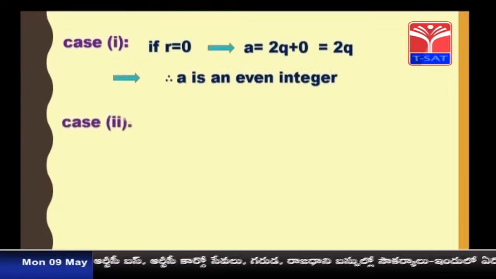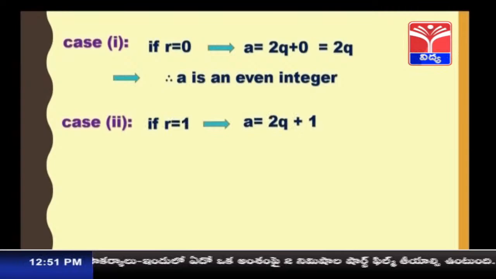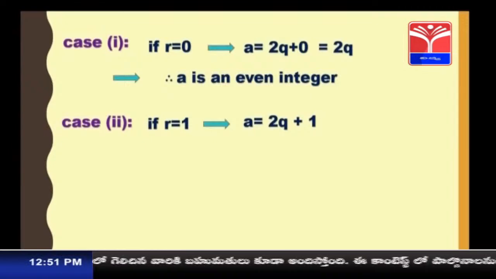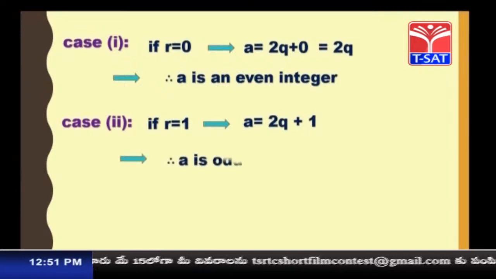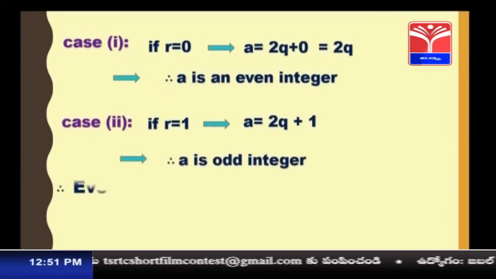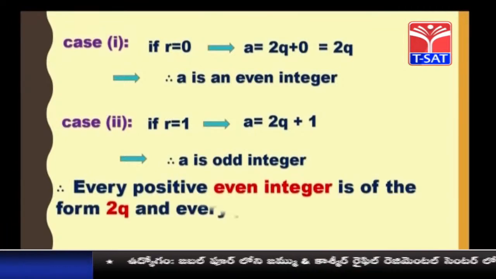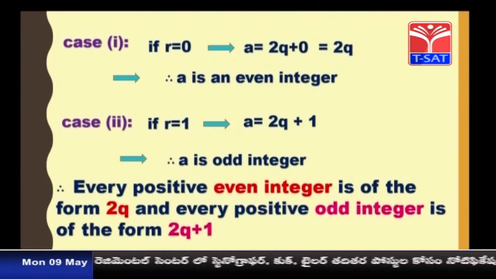Let us take case 2. If r is equal to 1, a is equal to 2q plus 1. Here 2q is an even number, and if I add 1, it will definitely become an odd integer. Therefore a is an odd integer. With this I can conclude every positive even integer is of the form 2q and every positive odd integer is of the form 2q plus 1.